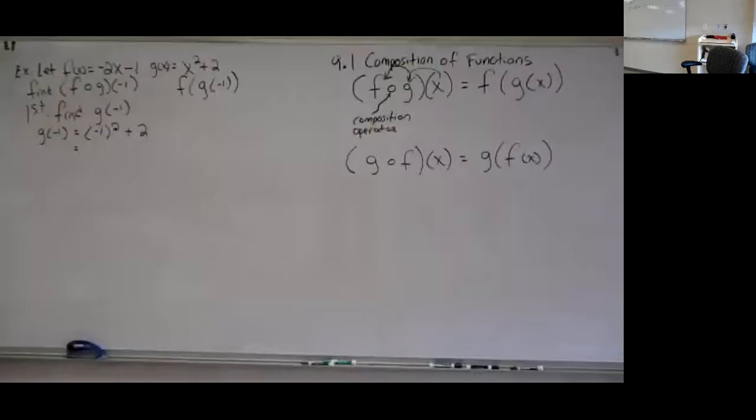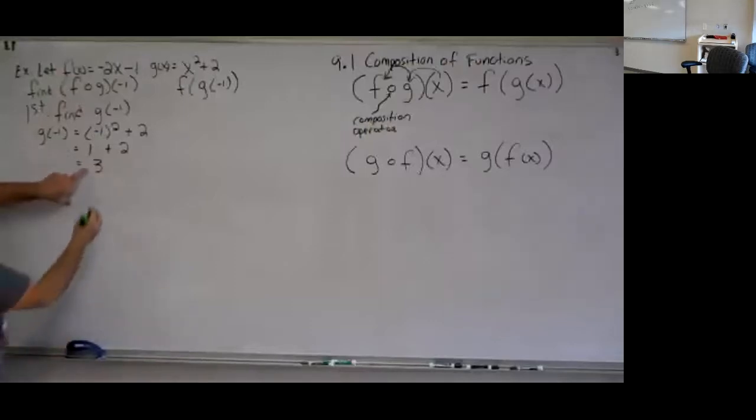But if you don't put that negative in parentheses and you do negative 1 squared, it's going to give you negative 1. Since that negative's not in parentheses, it's not going to square it for you, okay? So negative 1 squared is a positive 1. And then 1 plus 2 gives me 3. So G of negative 1 equals 3.